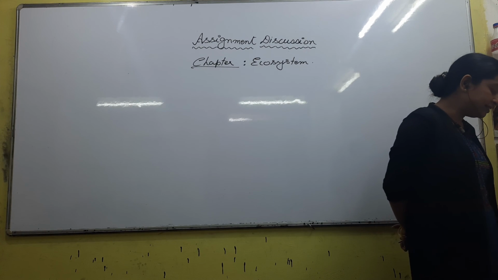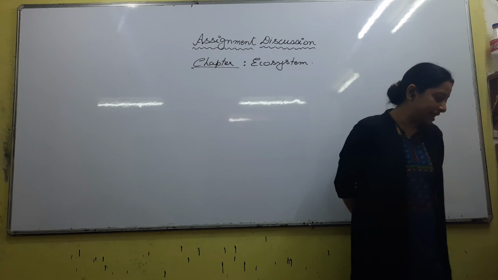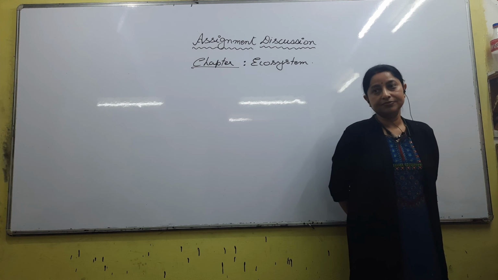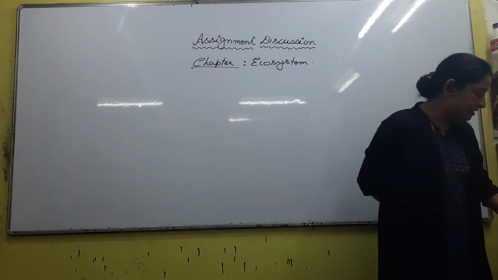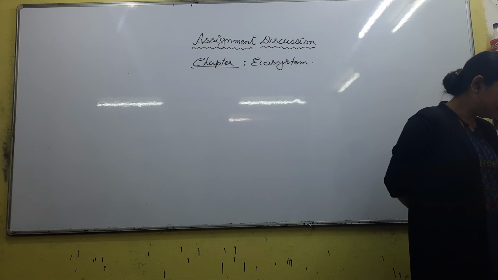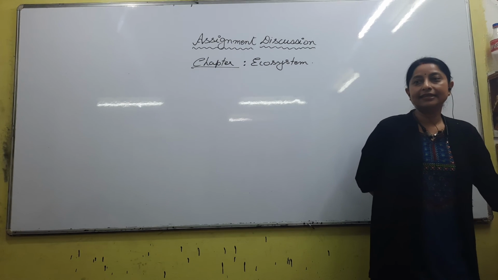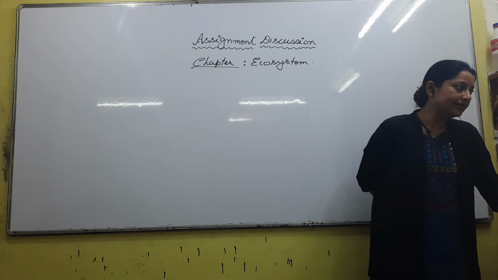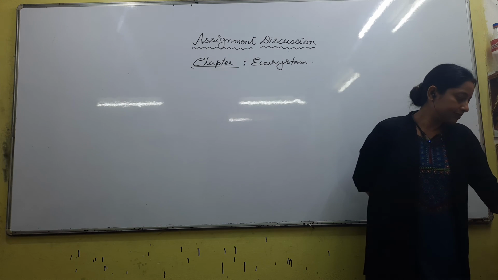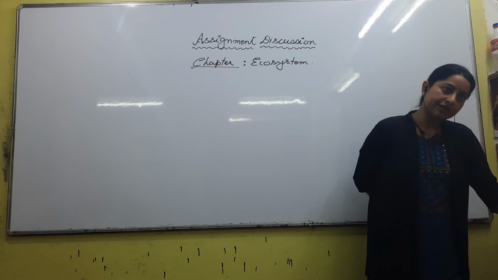Tropical rainforest, dry arid region, Antarctic or alpine region. Question number 9: it will be tropical rainforest, yeah.